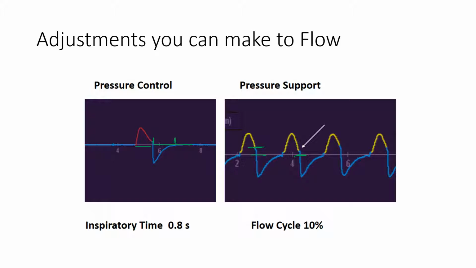It's stopping right here. So 10% of that person's inspiratory time was dumped. So you could say you have an inspiratory time of 0.8 seconds over here. If you had a 10% flow cycle time, then the breath would have ended more like right here, and that would have gone into expiration right there.